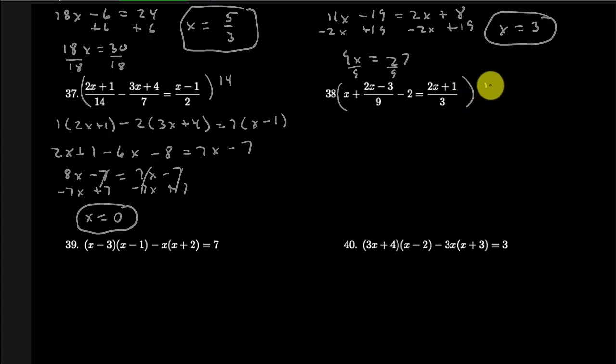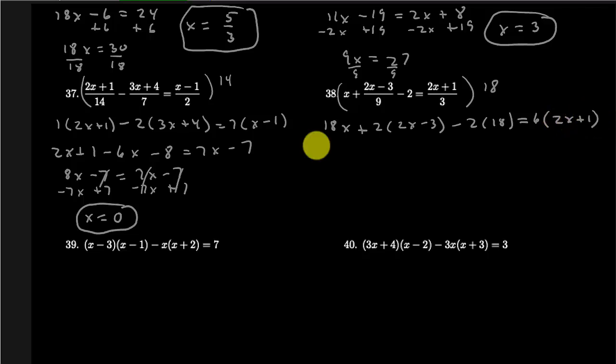So this one, we're going to multiply everything through by 18. So that's going to be 18x plus 9 goes into 18 2 times. So that's 2 times 2x minus 3 minus 2 times 18 equals 3 goes into 18 6 times. 6 times 2x plus 1.